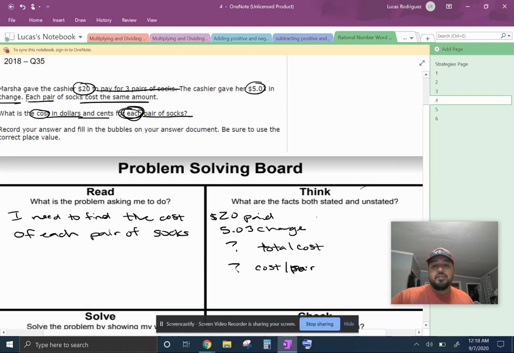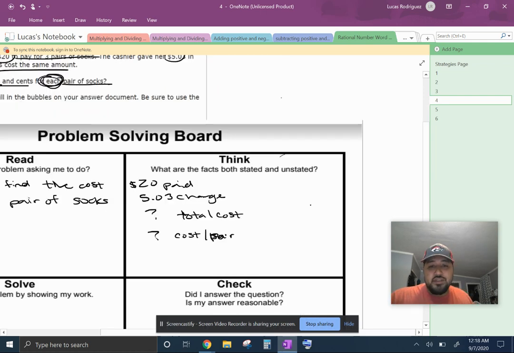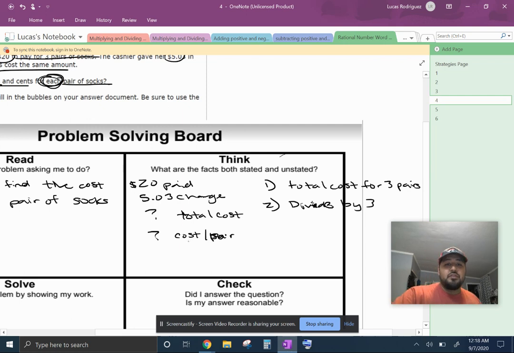We don't know that. So the first thing I would do is find the total cost for 3 pairs, and then I would divide by 3. So that's what I'm going to do here.